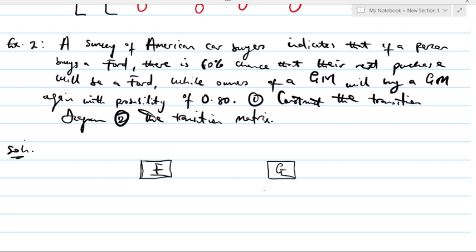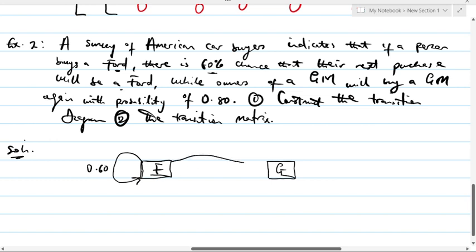A survey of American car buyers indicates that if a person buys a Ford, there's 60% chance that their next purchase will be Ford. So they will buy a Ford again, that's 60%, that is 0.60. That means that their next purchase will be GM.